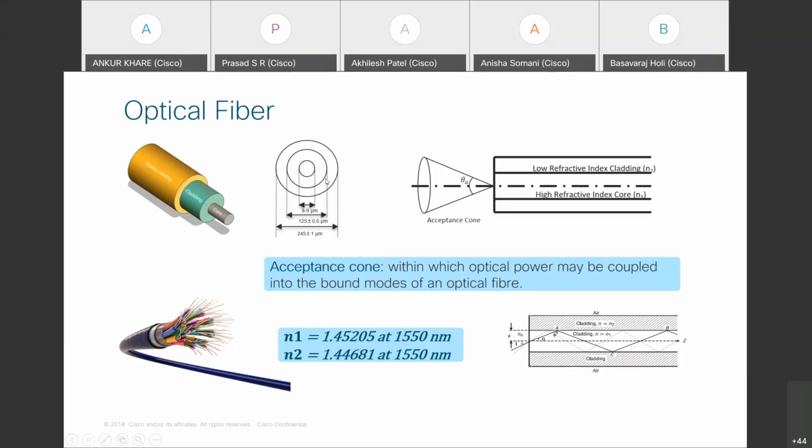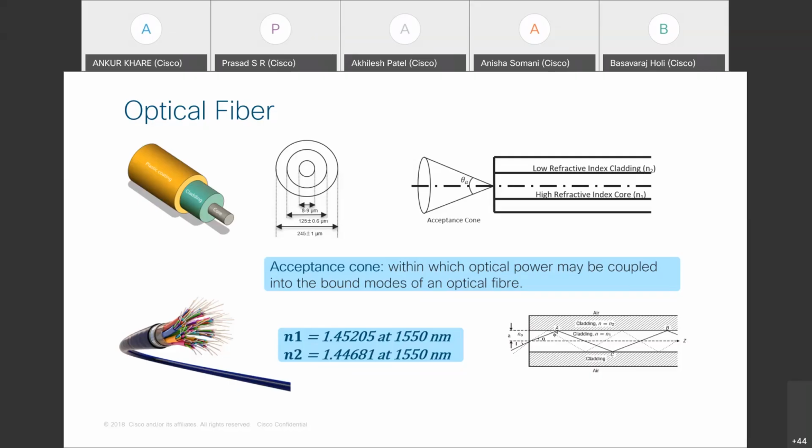This is another encapsulation, and over that we see the plastic coating. When we use the optical fiber in the labs, if you're not an optical person, you might not go into those details. But for optical understanding, you should know the basics. So the core is the one from where the light enters into the fiber.